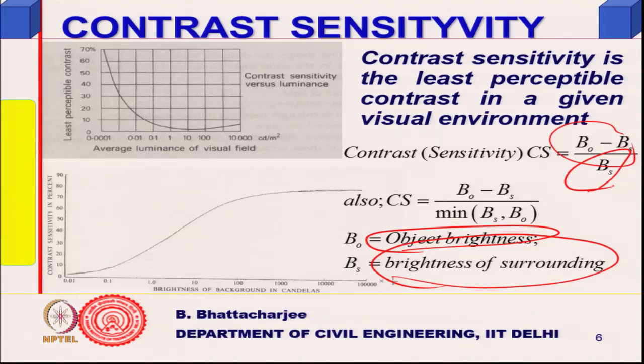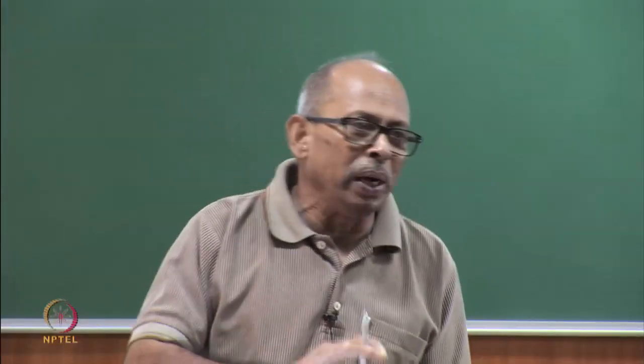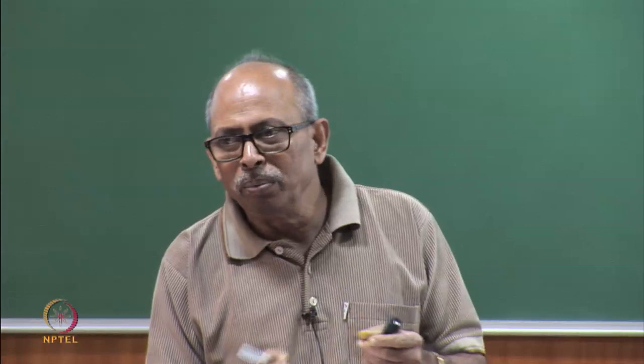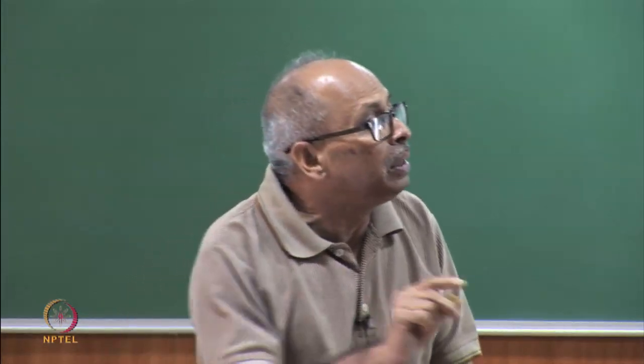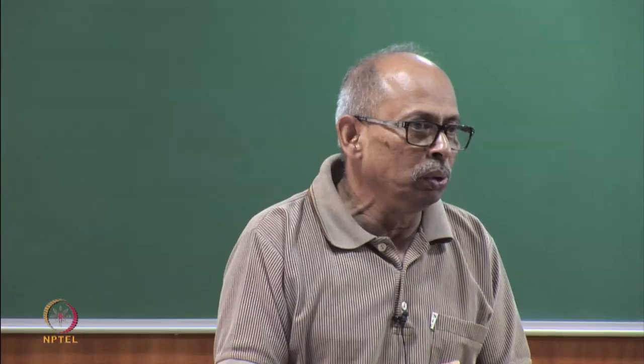That is what we call contrast sensitivity, or in some places you might find the minimum of the two taken, because I can have a black background, white object, or white background, black object. So, contrast sensitivity is defined like this, the difference between them divided by the least of the two.